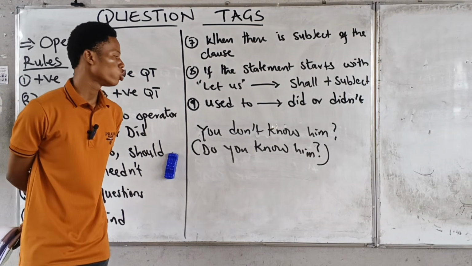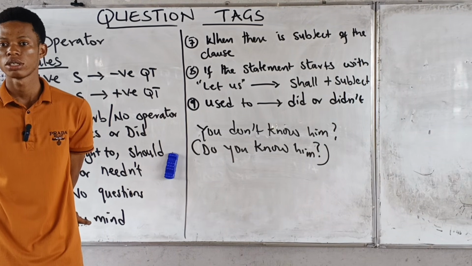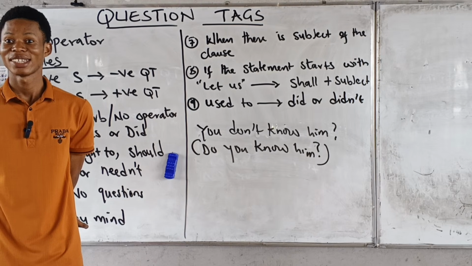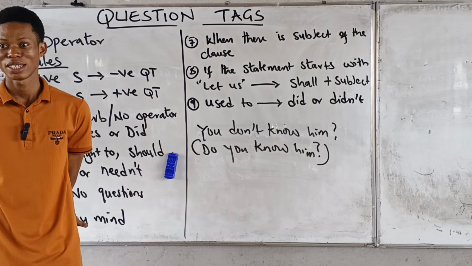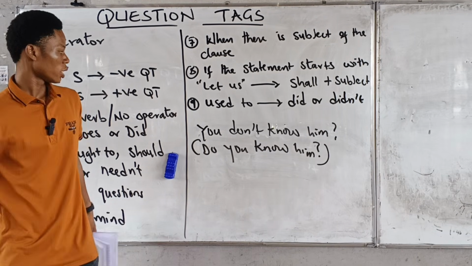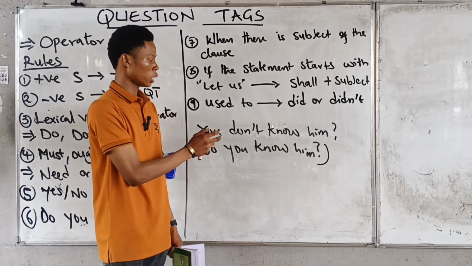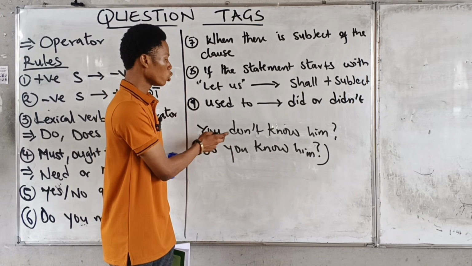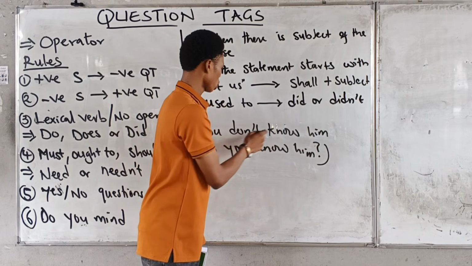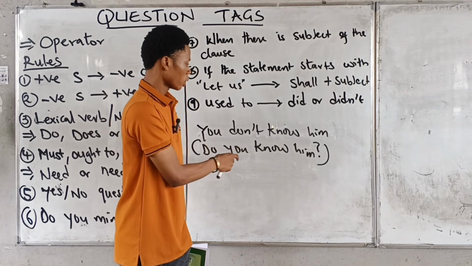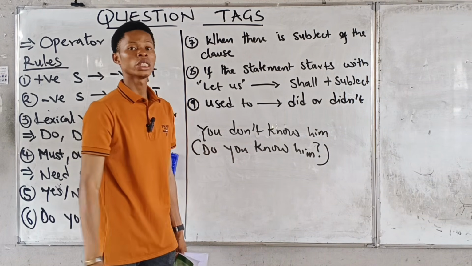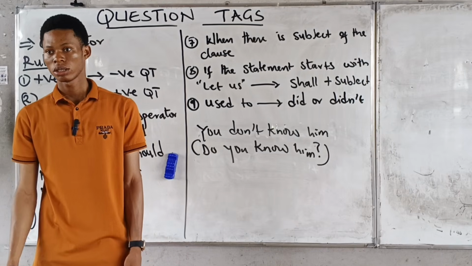Do you know him? Yes, I answer yes. The statement is, okay, this is a question. You don't, sorry, this is a statement. You don't know him, right? Then they give a question. Do you know him? Answer.